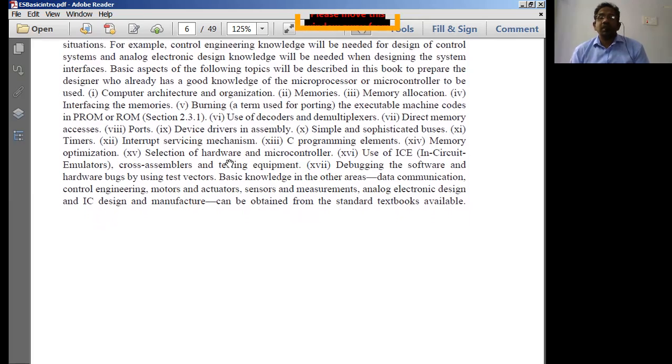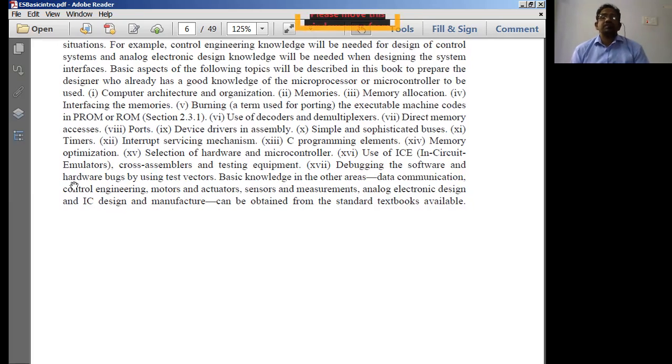What hardware has to be used, how much memory has to be used, and what type of controller is preferred for an application is also a matter for us. And use of in-circuit emulators. We discuss emulators in detail, and cross assemblers and testing equipment, and debugging the software and hardware bugs by using test vectors.